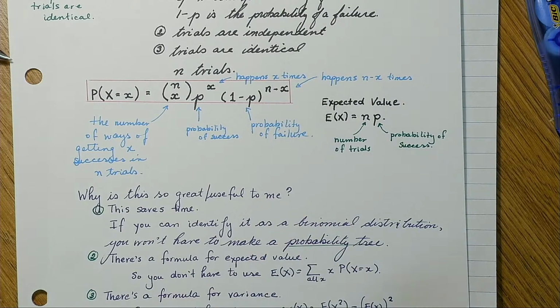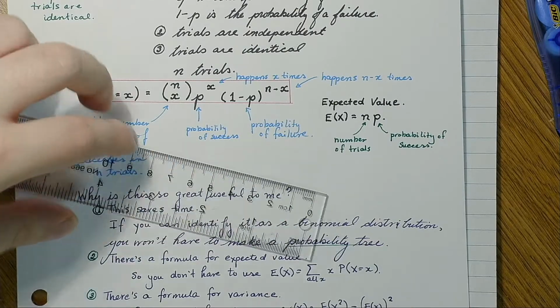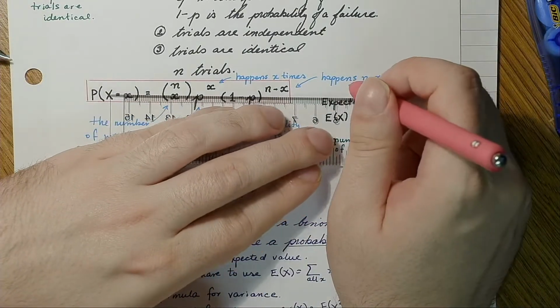So there is the expected value. I'll put this in pink. This is important.